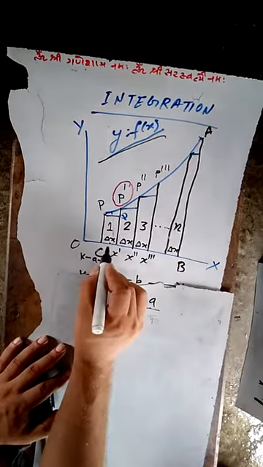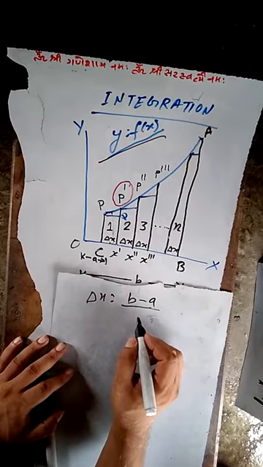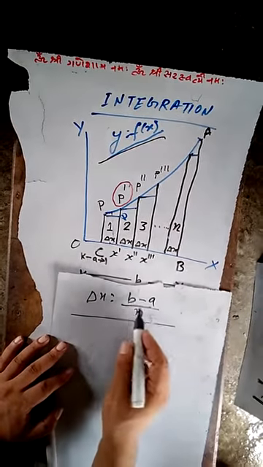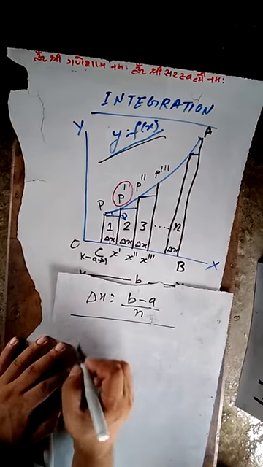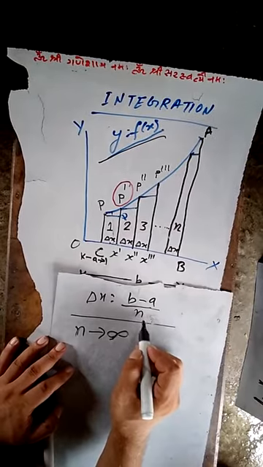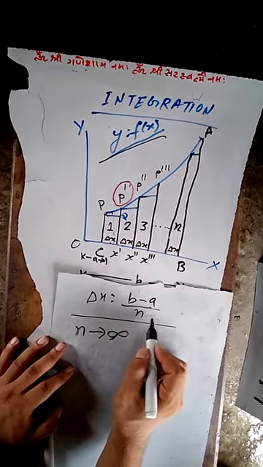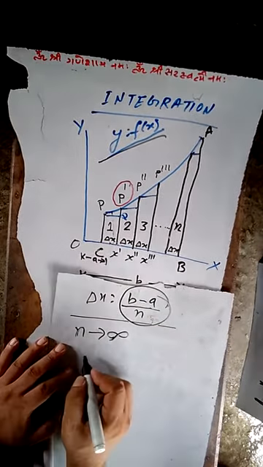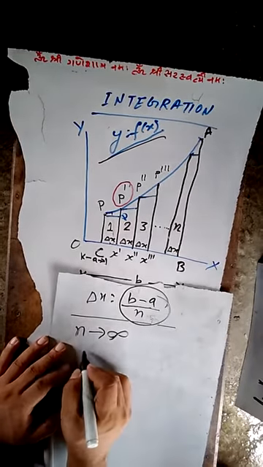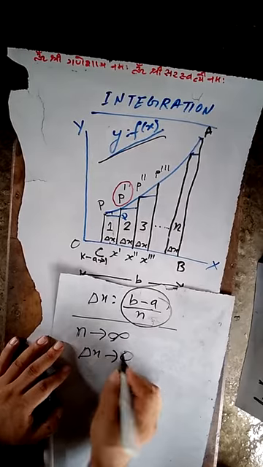So each strip delta x will have width (b minus a) by n. So the delta x value is (b minus a) by n. Now if n tends to infinity and n is in the denominator, the whole value will become 0.